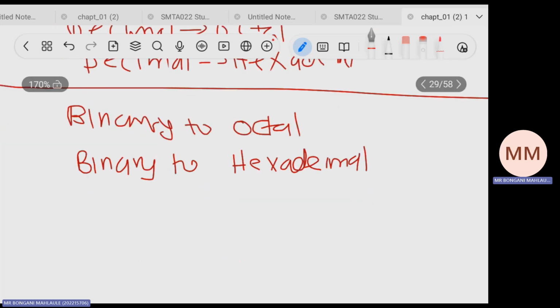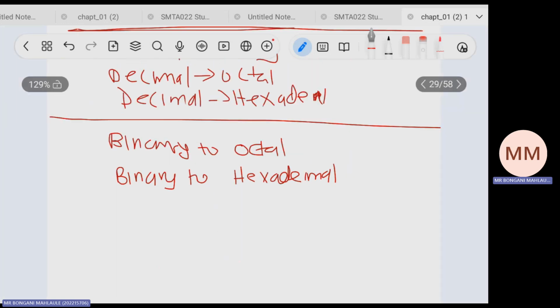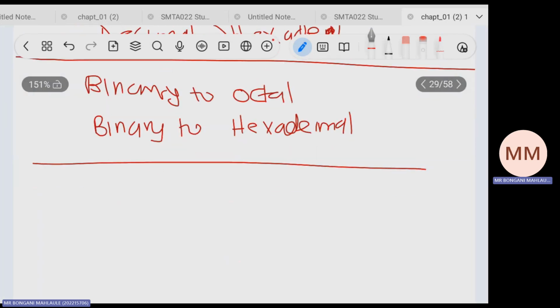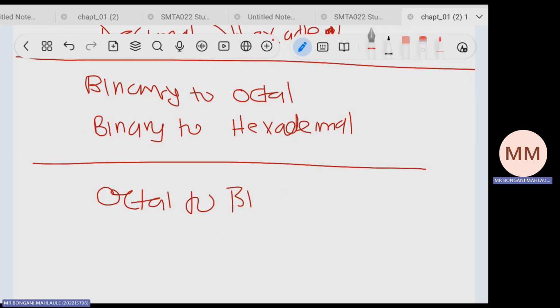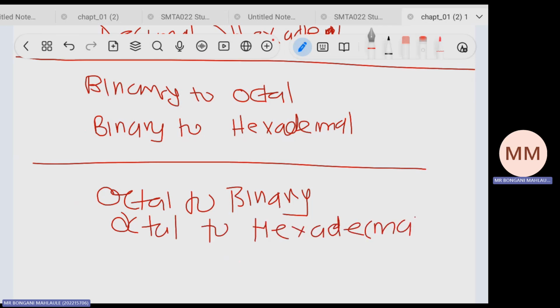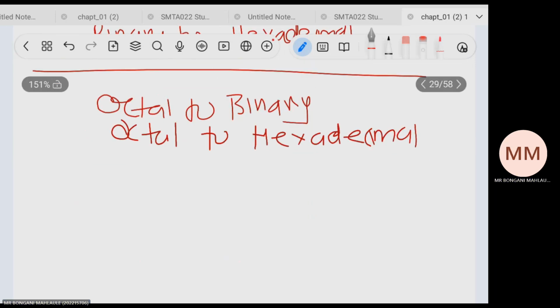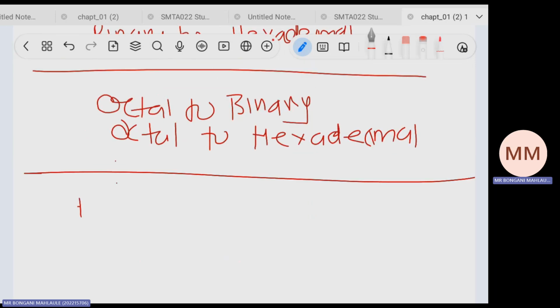We can also convert from octal to binary. Can also convert from octal to hexadecimal. And also convert from hexadecimal to binary.